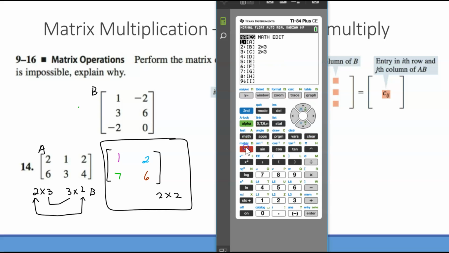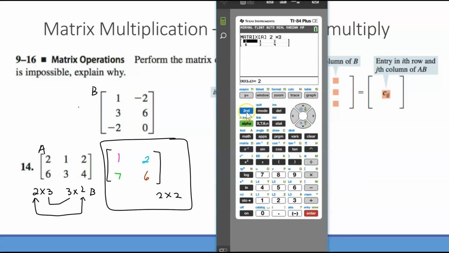Okay, so we're going to say second matrix edit A. Okay, so we have a 2 by 3 matrix. We're going to put in our entries 2, 1, 2, 6, 3, 4.